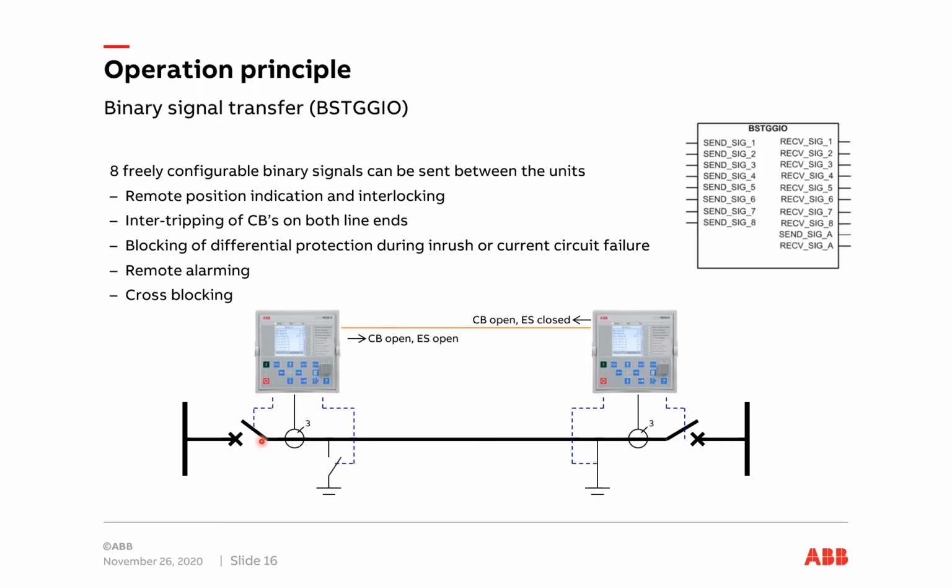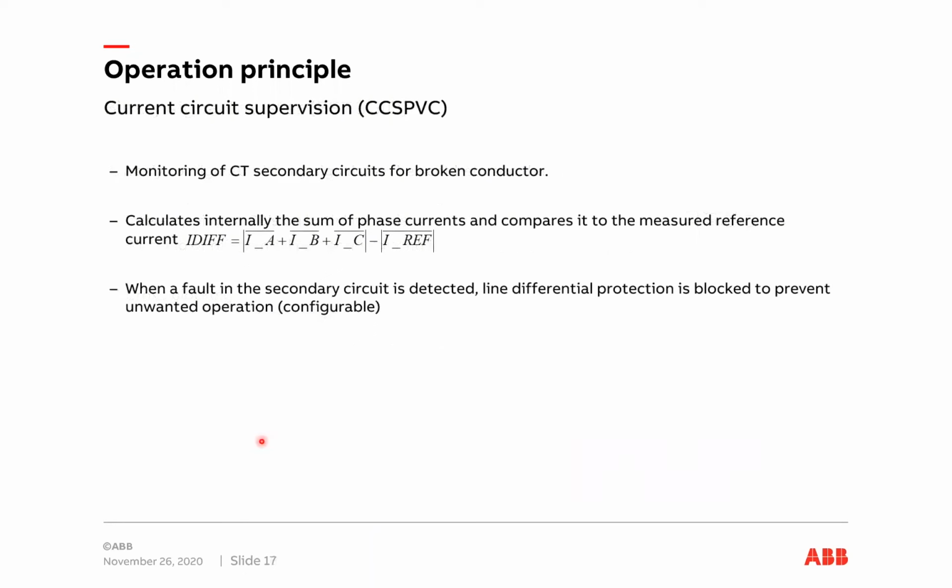We can use them for remote alarming and also for different cross-blocking protection schemes. So there's a lot of different things you can use these binary signals for.